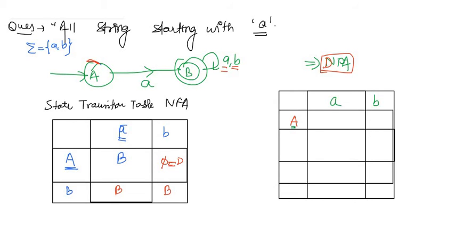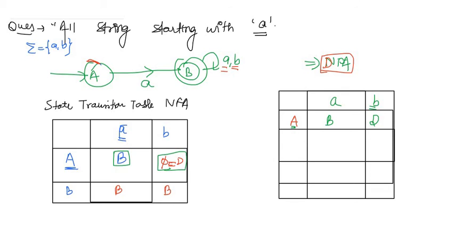Now for A on the transition of small a, we can see that in the transition table of NFA we have B. No problem, we can write it directly. Again, from state A on b it reaches phi, and this phi will be the dead state, so we write this as dead state D.